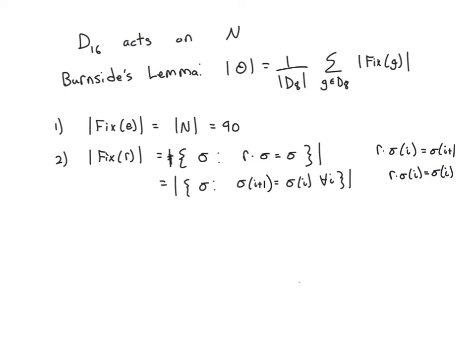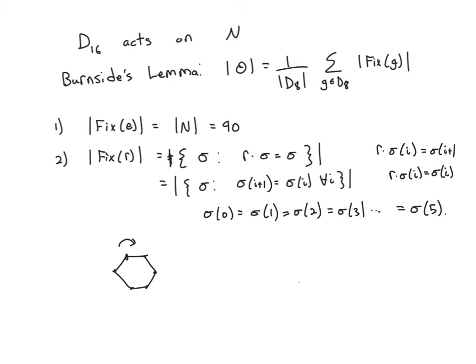What does this mean? It means that whatever color you have on the 0th bead, sigma of 0 has to be equal to sigma of 1, which has to be equal to sigma of 2, sigma of 3, and so on. Oh look, you have to require all the beads to have the same color, because you're looking at necklaces such that when you rotate clockwise, you get the exact same necklace. That's not possible with the way our colors work.